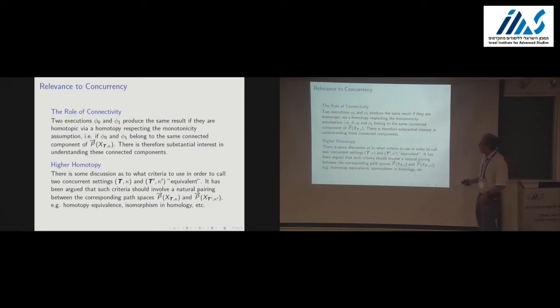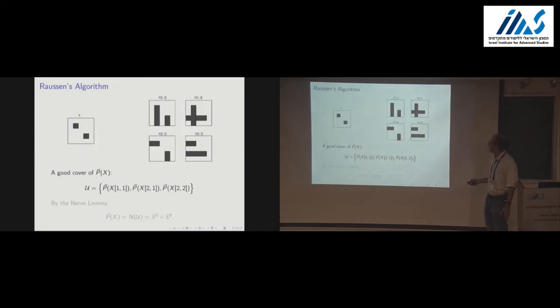But at least Martin found some people who claim that this is important, because we want to know eventually whether two concurrent settings are equivalent in some sense. And it can be argued that the criteria can involve some natural pairing between the path spaces, for example, homotopy equivalence or isomorphism in homology and so on. Okay, so this is for the topology part.